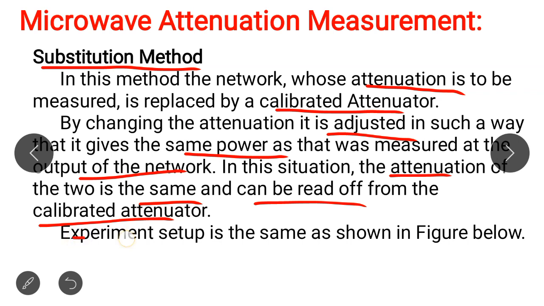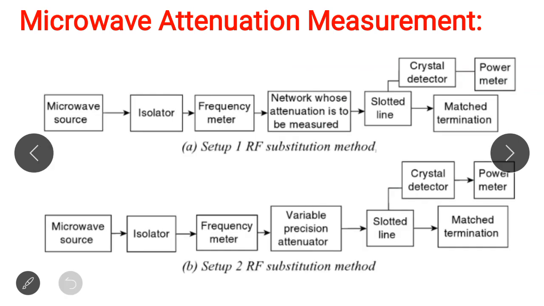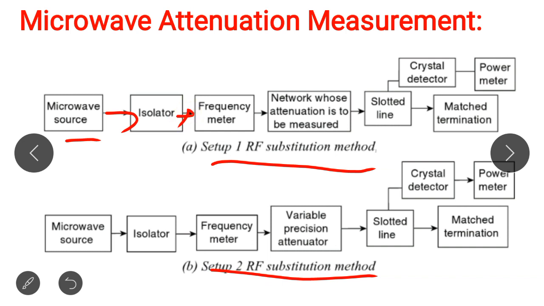The experimental setup of this is as shown. This is the first setup of the RF substitution method, and this is the second setup. In the first setup, we have used a microwave source, then next to that an isolator, next a frequency meter.